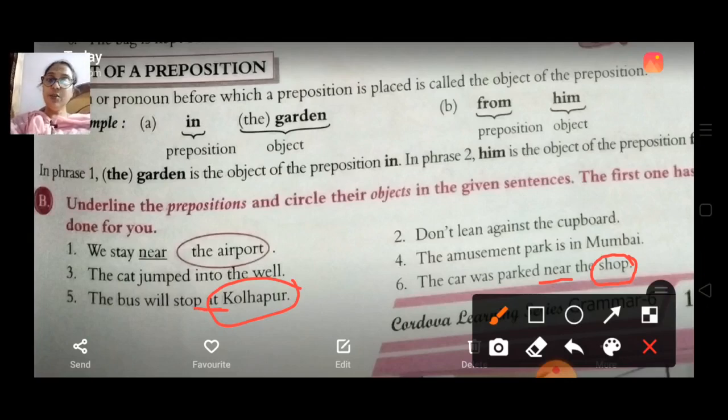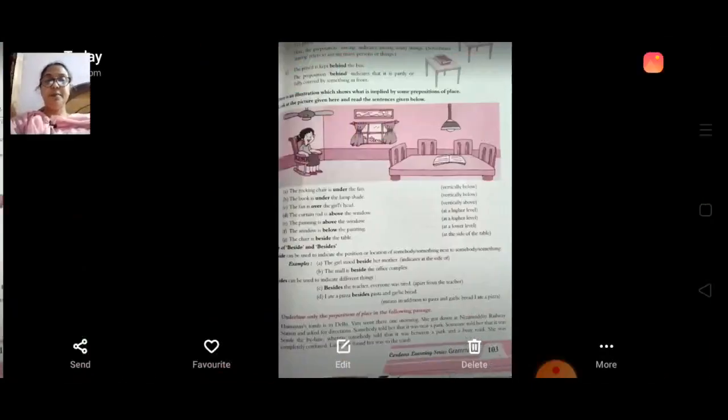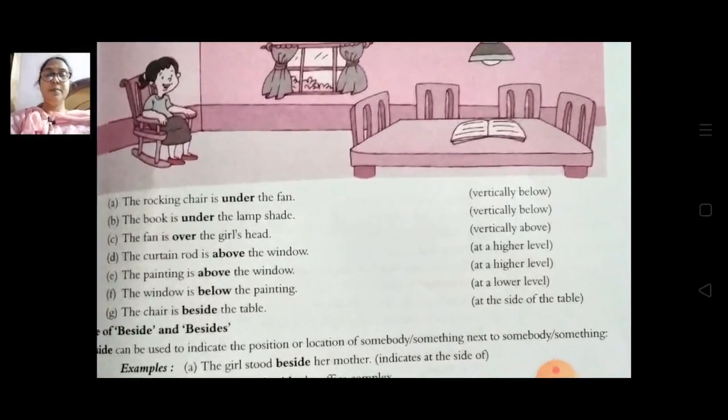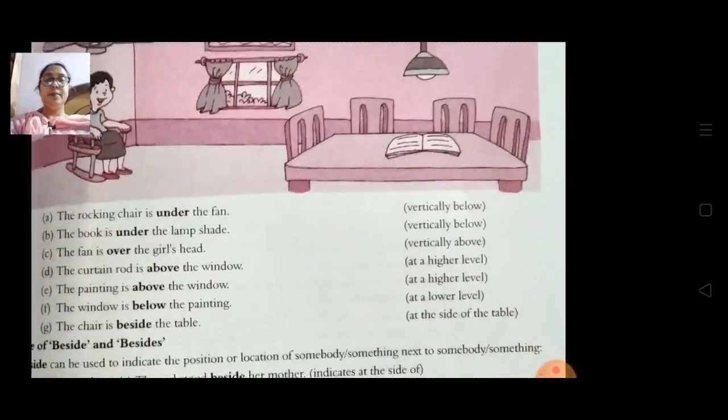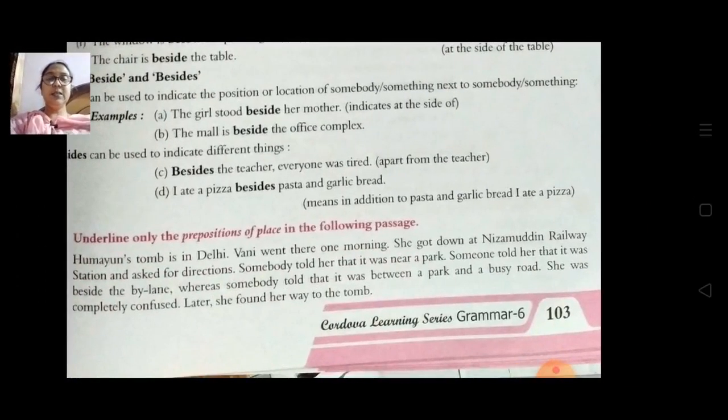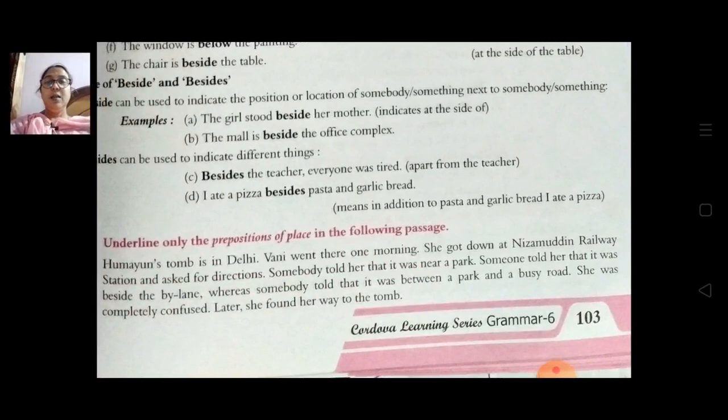Now we are moving to C number exercise. You can see on page 103 that you can find in your Mastering Grammar book.